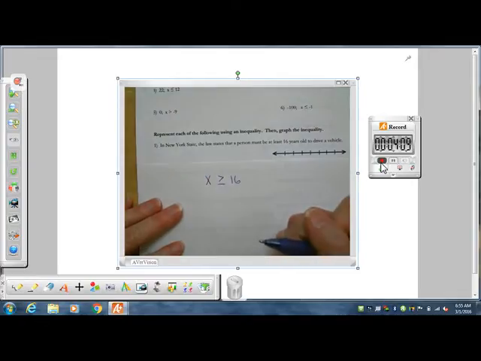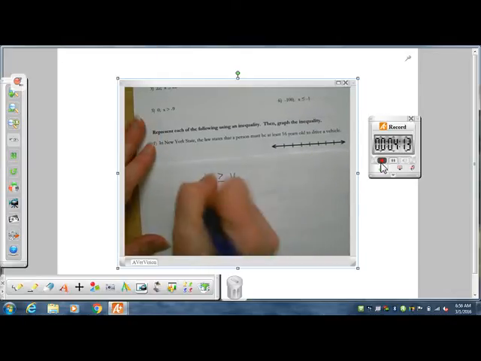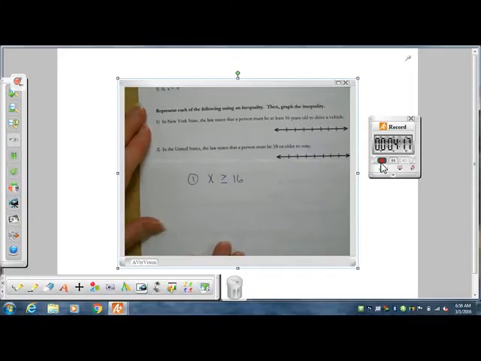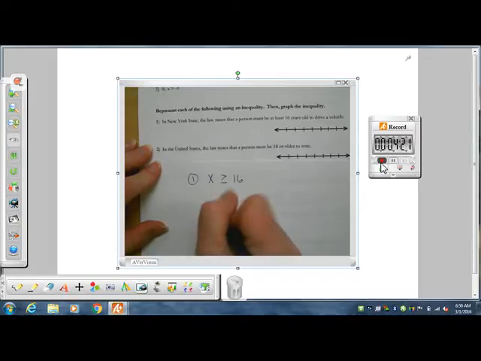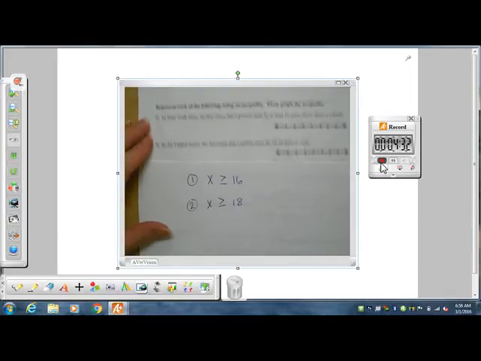For the next one, number 2, in the United States, the law states that a person must be 18 years or older to vote. Again, it includes that 18, and older, so greater than or equal to 18.